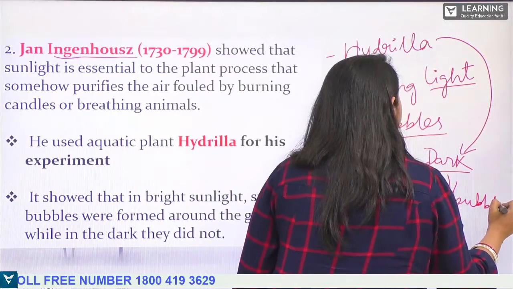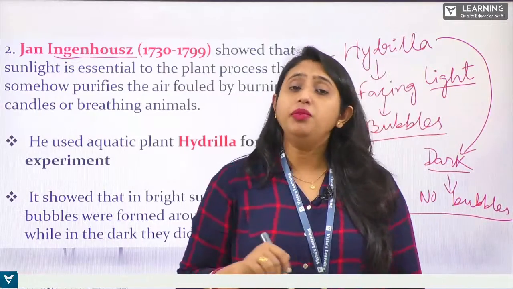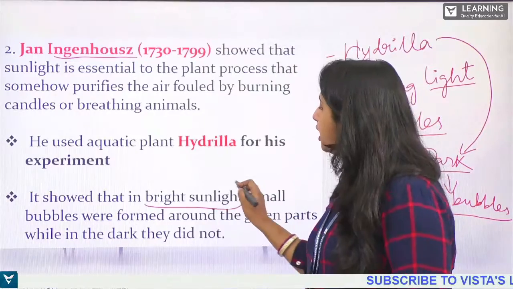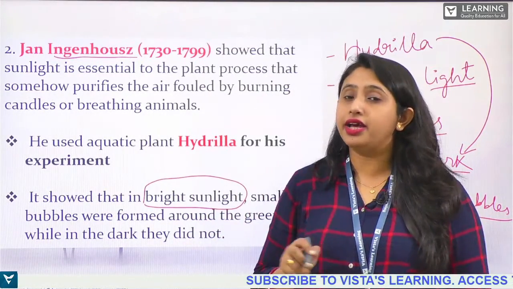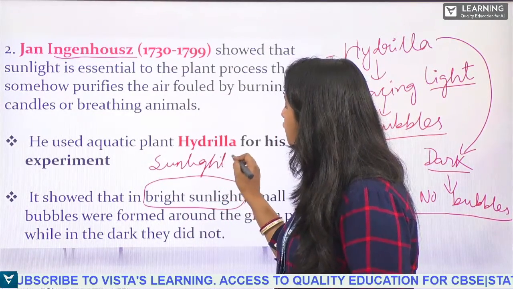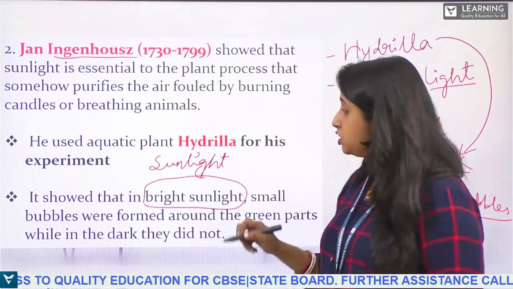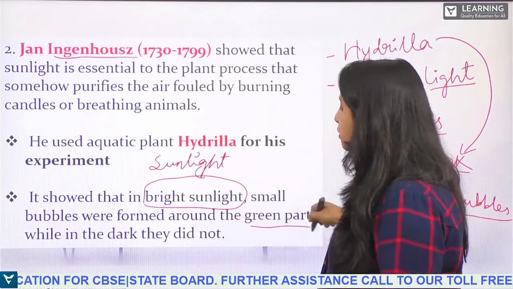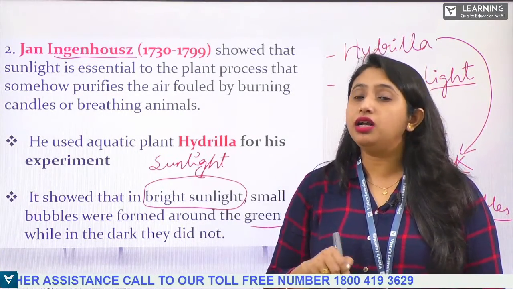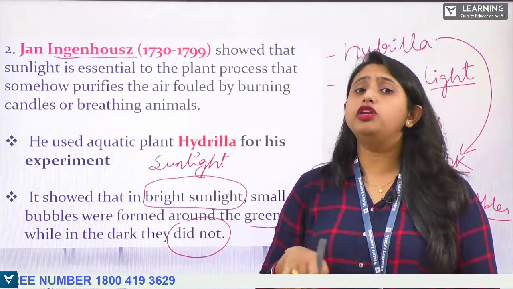From here he showed that bright sunlight is essential for the growth and the bubble formation in the plants, whereas when the plant is kept in the dark, it will die and it will not form bubbles.